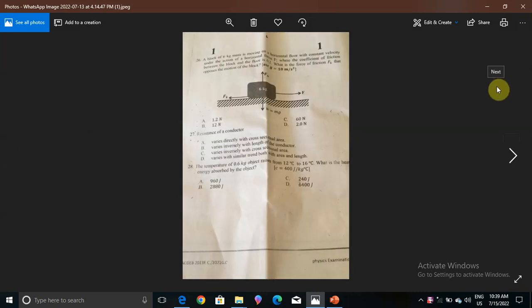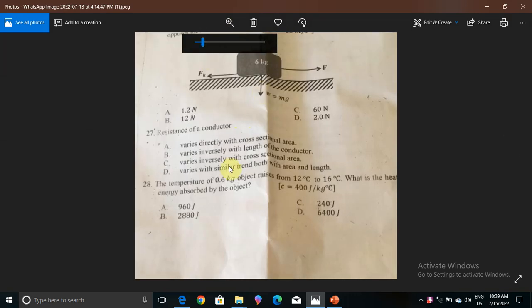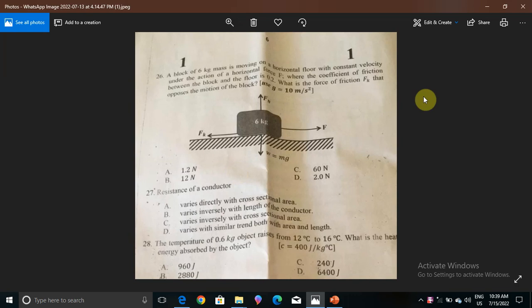In question number 26 it says: a block of 6 kg mass is moving on a horizontal floor with constant velocity under the action of a horizontal force, where the coefficient of friction between the block and the floor is 0.2.